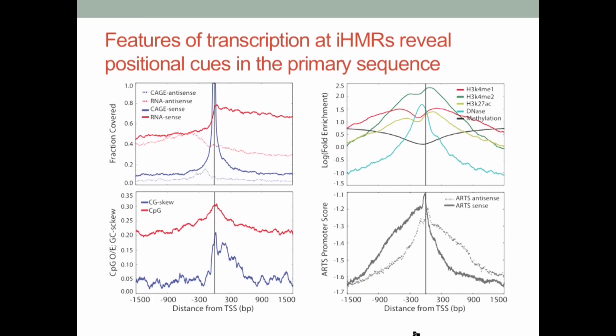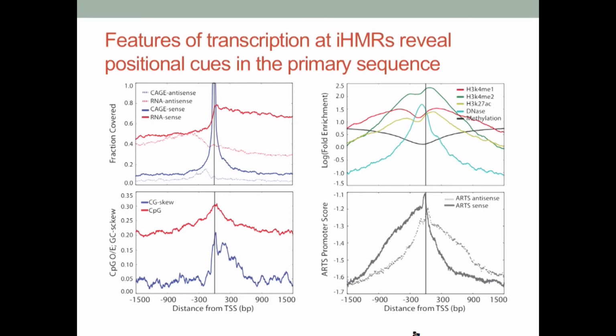This plot is showing GC skew. This is CpG density, and this one is showing the bias in C's versus G's across the TSS. It's a phenomenon that's been noticed at the TSSs of many promoters, and it's believed to be involved in R-loop formation, so it's suggestive of RNA polymerase activity.